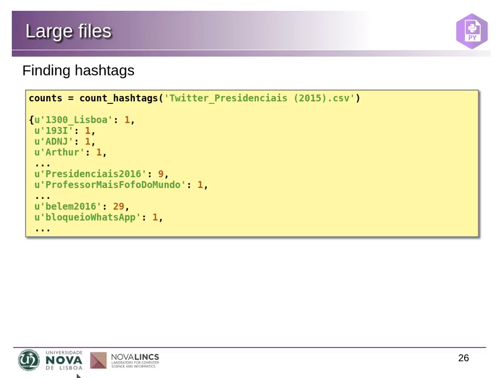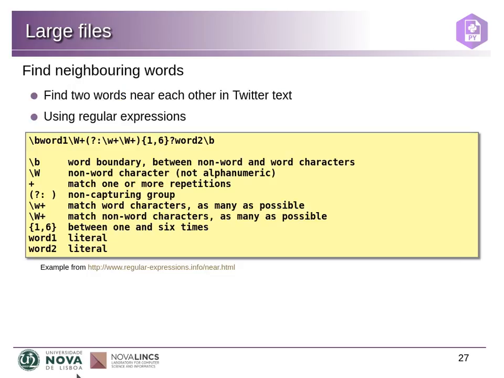So now we can go through this large file with all those tweets, and we have a dictionary with the text of each hashtag and the number of times it occurs in that file. And now we can also look at the text to try to extract some more information in a more sophisticated way.